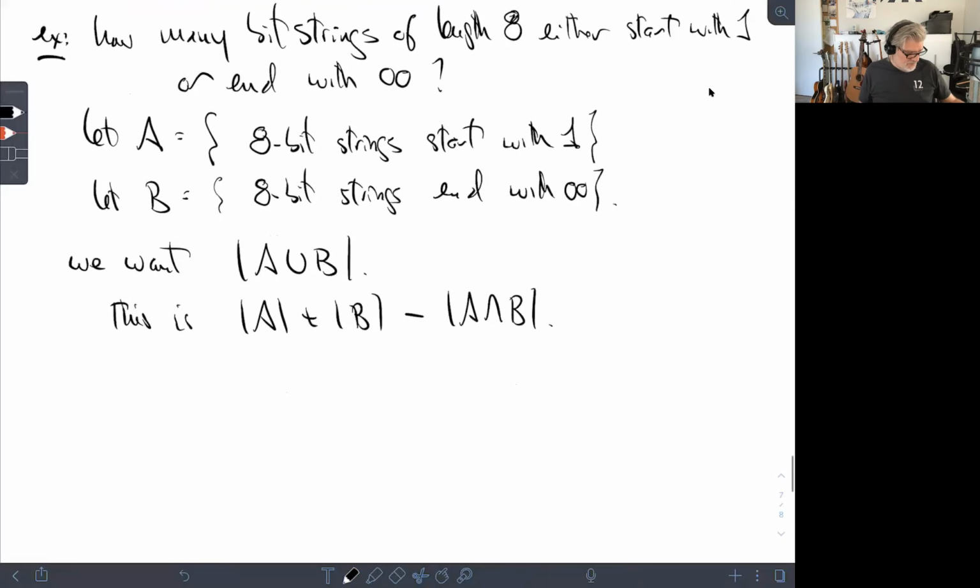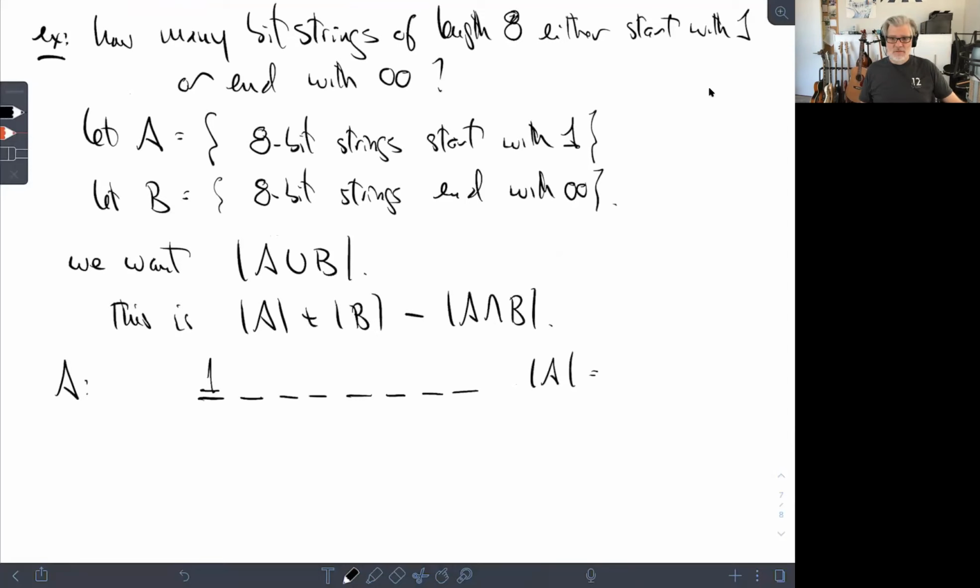Okay, so let's see. A, all bit strings of length 8 that start with 1. So let's take a look at that. So I've got 8 bits. And the first bit is 1. So what is the size of this set?